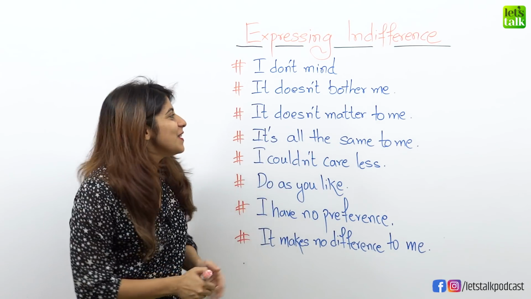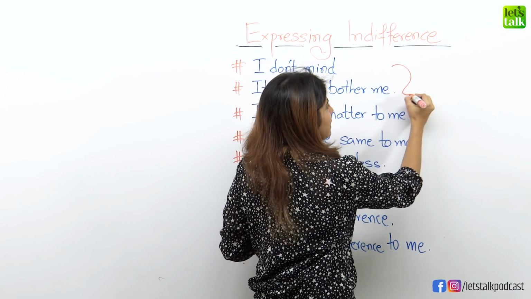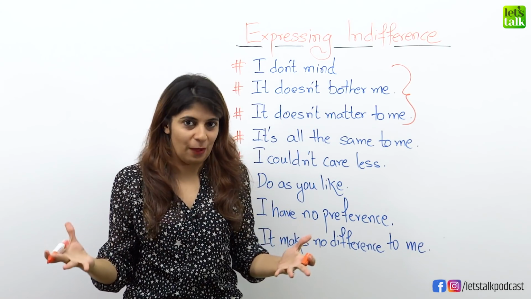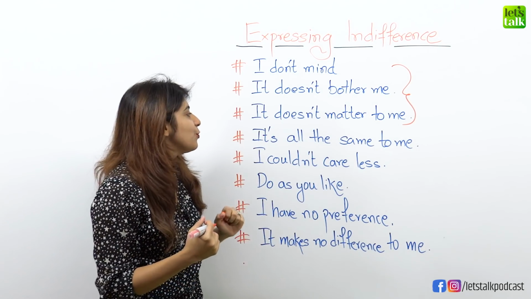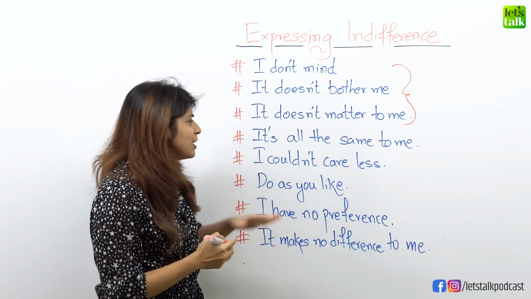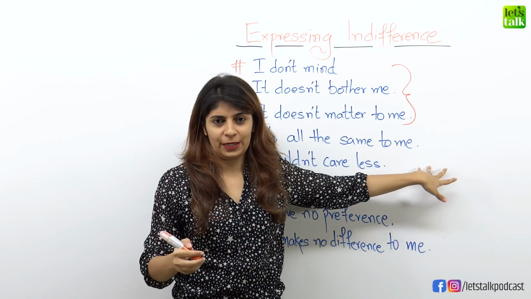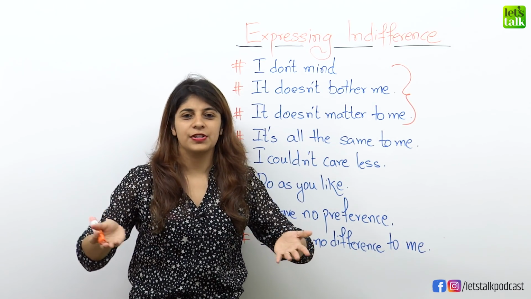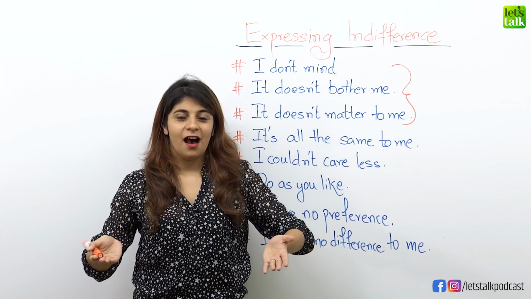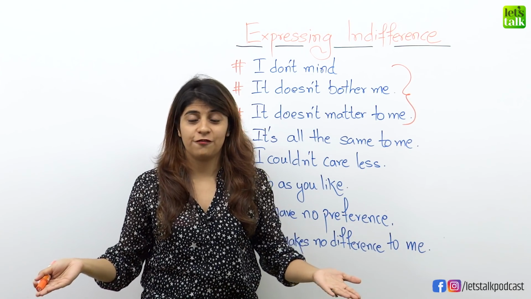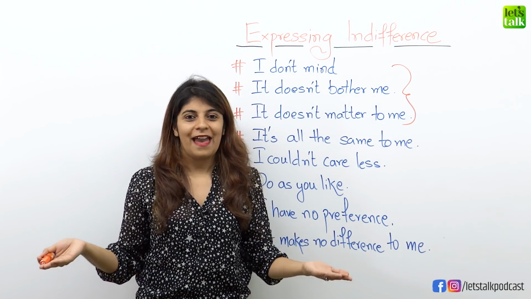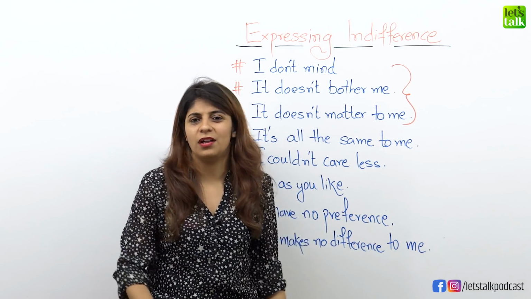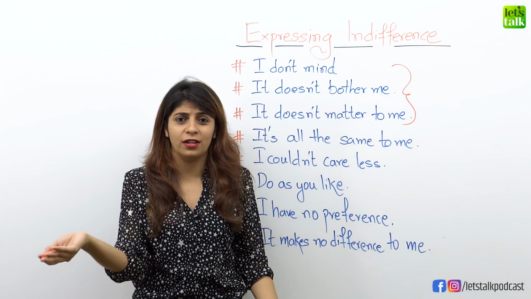So these are the 3 expressions that you can use in a casual environment when things don't matter to you much. Moving on to another one, which is, it's all the same to me. Now here, probably a person is asking you, hey, which dress should I wear for this party? And for you, you're okay with either the blue one or the red one or the pink one.